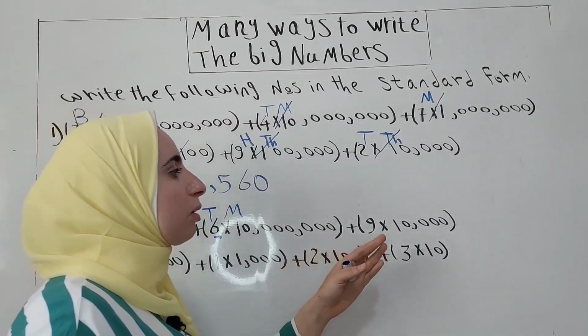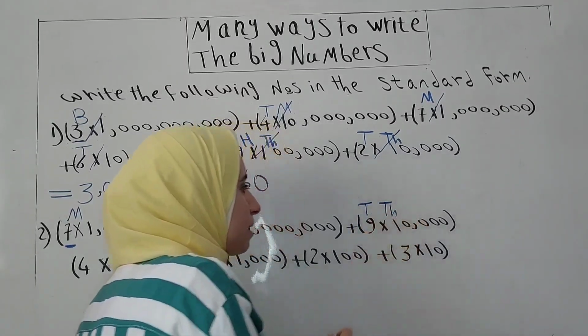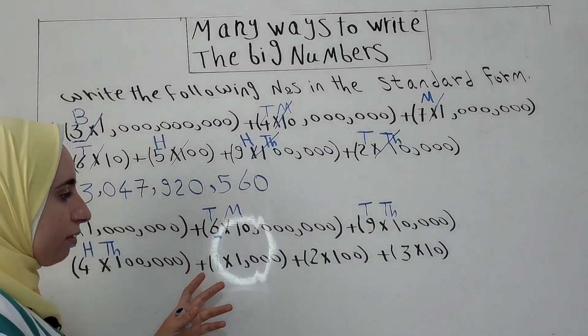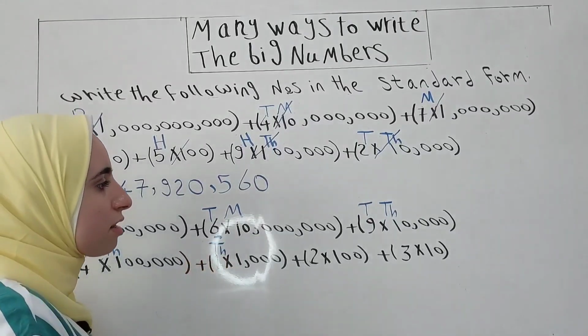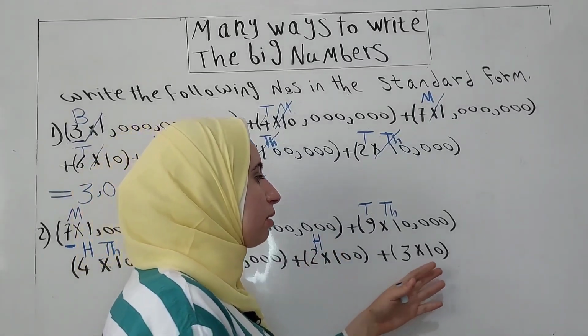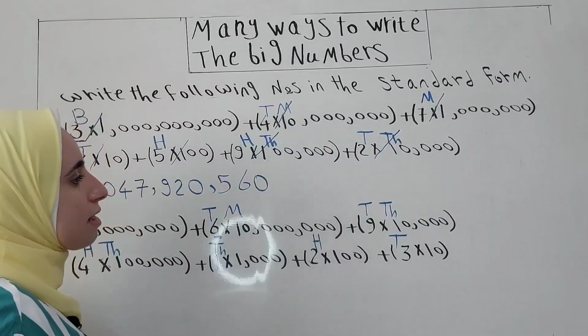The digit 9 multiplied by 10,000 is in the 10,000 place. The digit 4 multiplied by 100,000 is in the 100,000 place. 1 multiplied by 1,000 is in the 1,000 place. 2 multiplied by 100 and 3 multiplied by 10, so 3 is in the tens place.